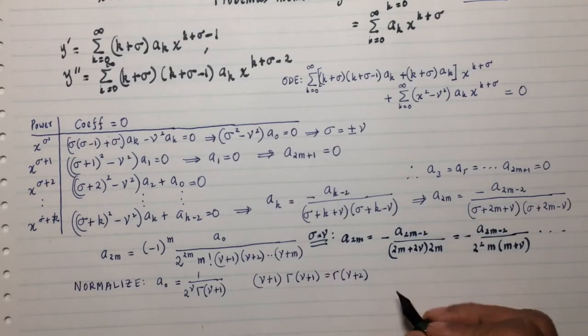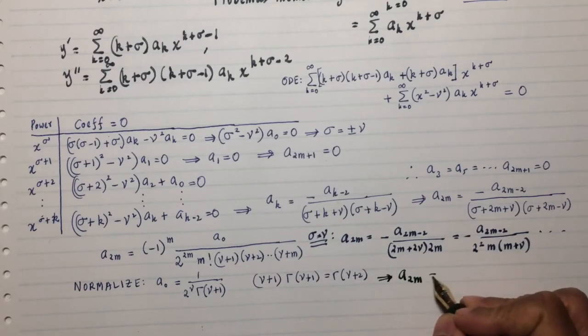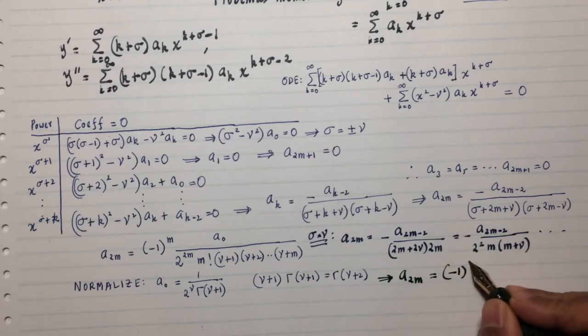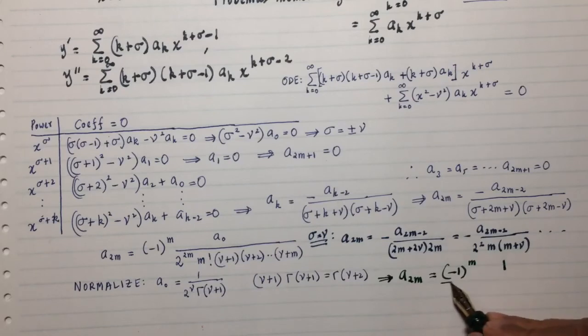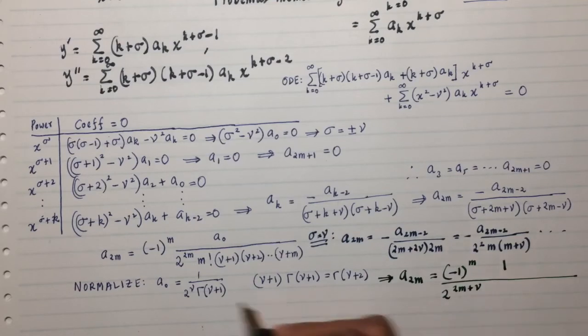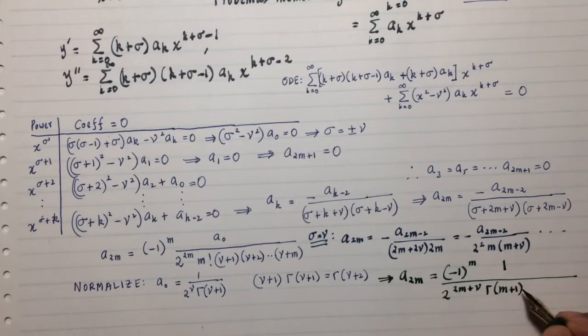So given that, I get a2m, after zipping everything up, it's negative 1 to the power m. That same negative 1 to the power m, and this time I don't have a naught anymore because I've already chosen my a naught with that normalization, and that gives me 2 to the power 2m plus nu, because of this 2 to the power nu there, gamma m plus 1, which by the way is m factorial.